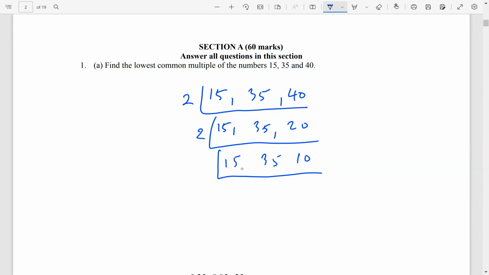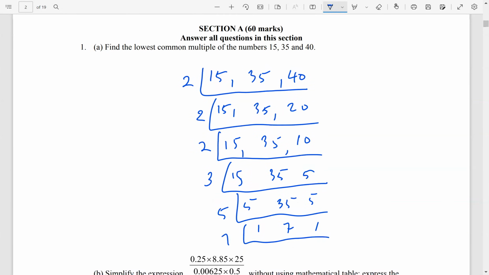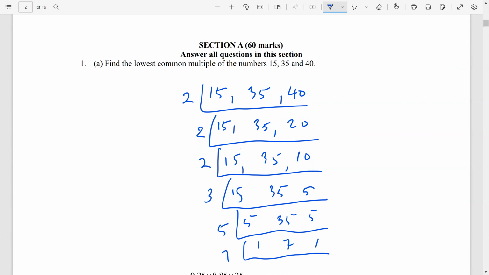You divide by 2, it is 15, 35, 5. By 3 will be 5, 35, 5. You divide by 5 will be 1, 7, 1. Now you come to dividing by 7, you're going to get 1, 1, 1.